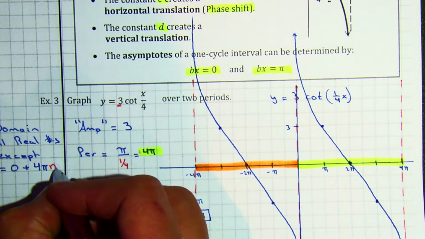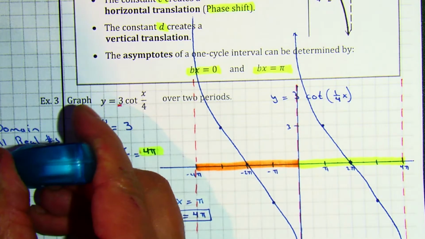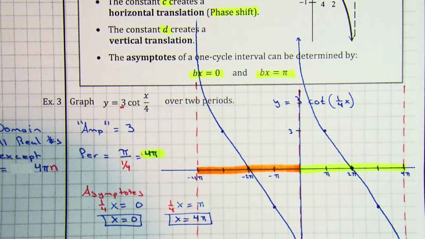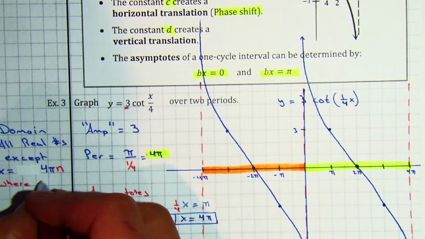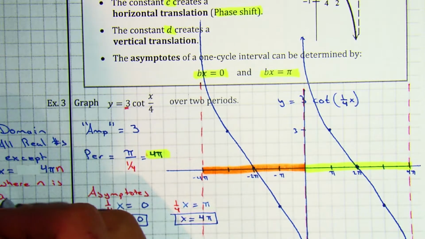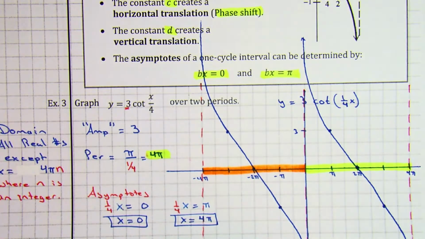And just like we mentioned before, we actually don't need that 0, where n is an integer. We don't want it to be a decimal, because the half is going to be repeated.